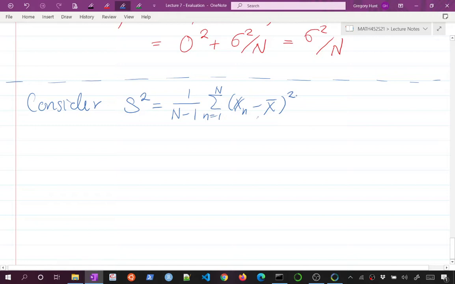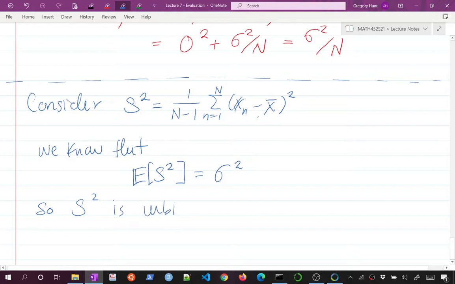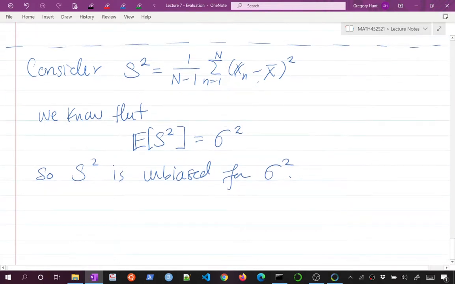And what did we know about S squared? Well, we knew that the expected value of S squared is sigma squared. And so in our new terminology, S squared is unbiased for sigma squared.